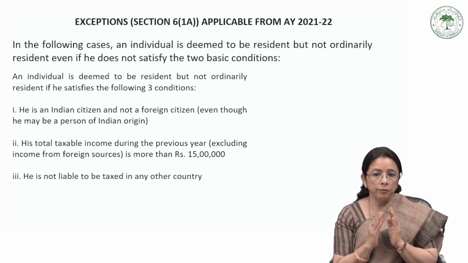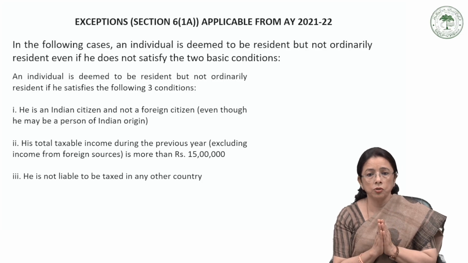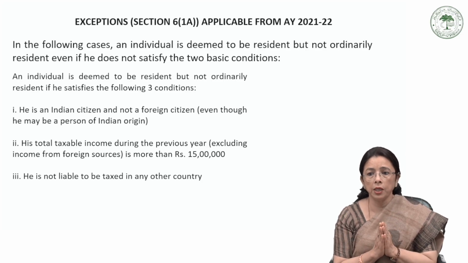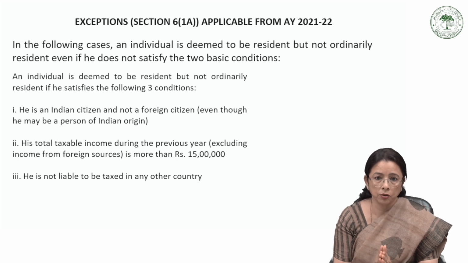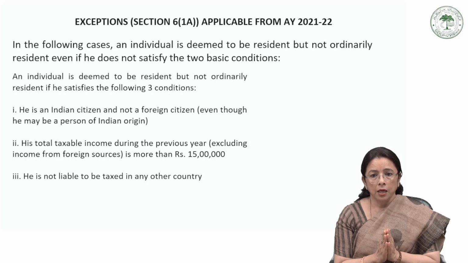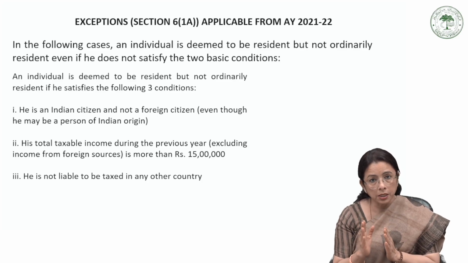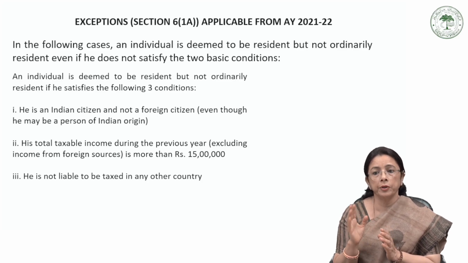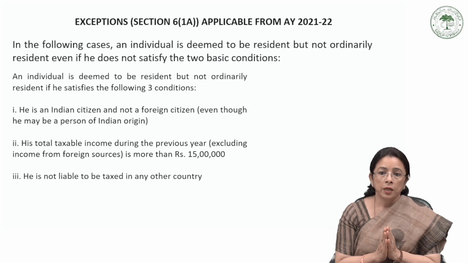There are 3 conditions, so we have to check whether all of the following conditions are satisfied or not. First, he is an Indian citizen, that is not a foreign citizen or a mere person of Indian origin.